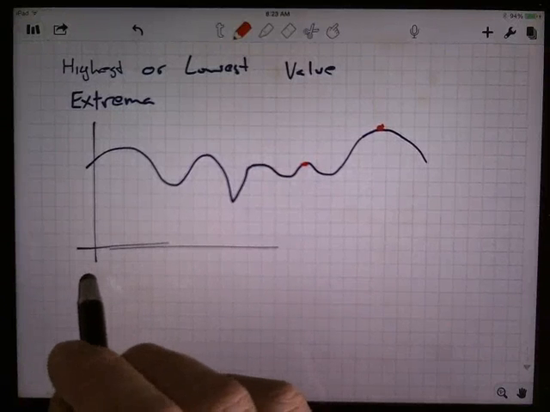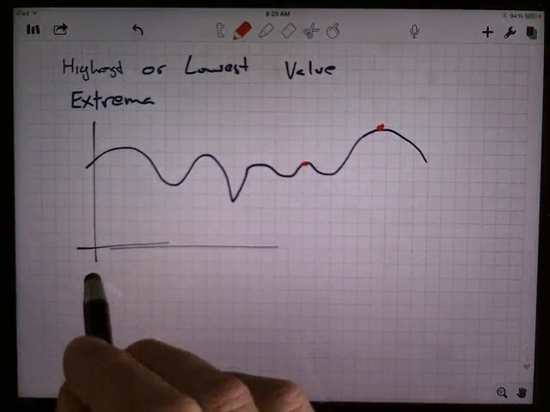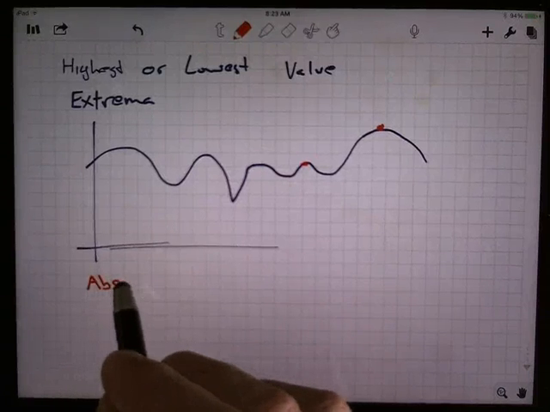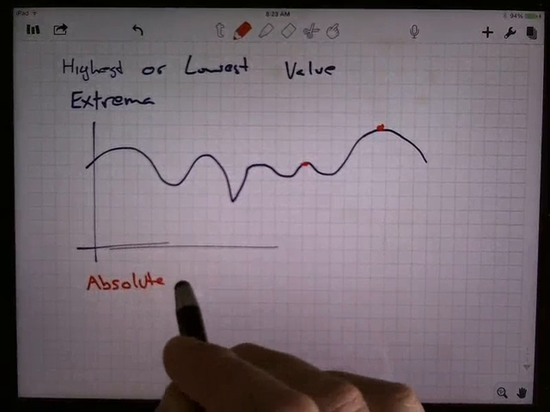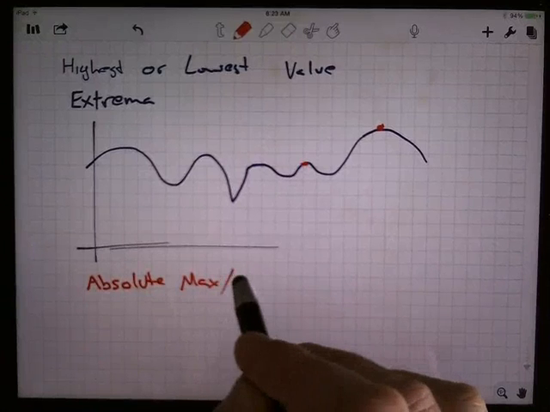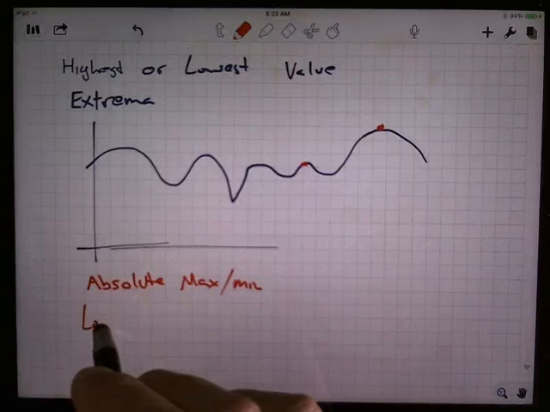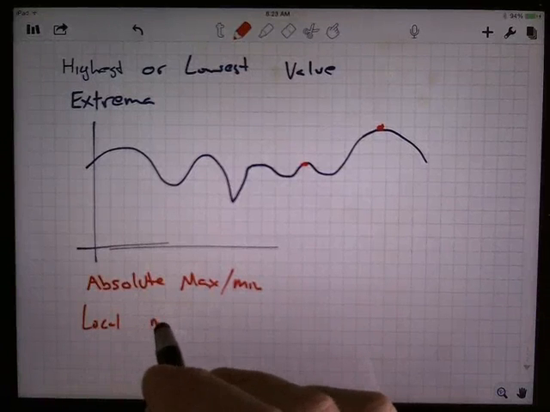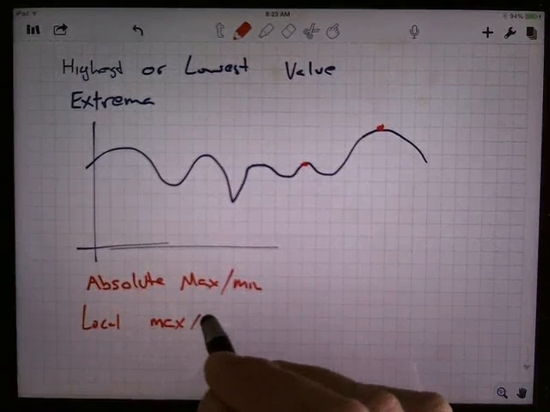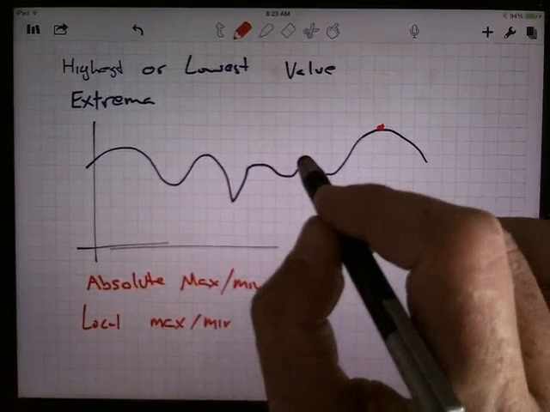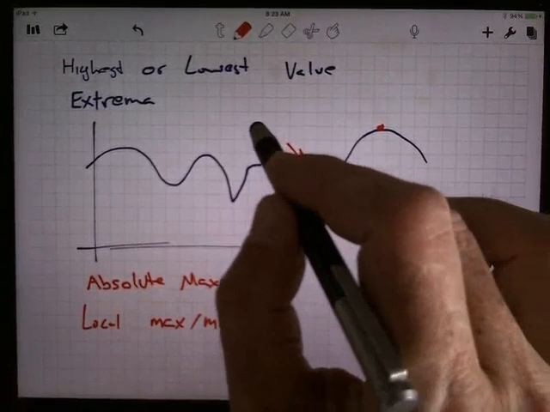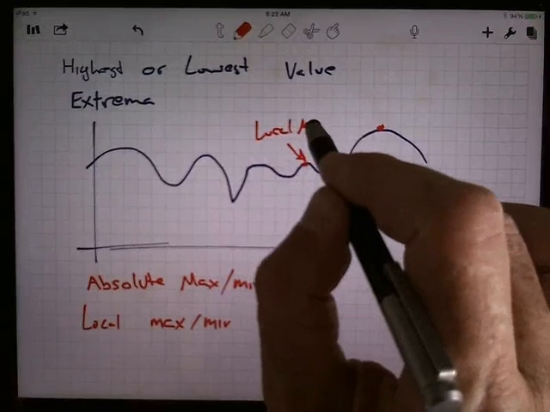Our textbook uses the words absolute. So you can have an absolute max or an absolute min, and you'd have what's called a local max or a local min. Right? So this maximum here would be a local max.